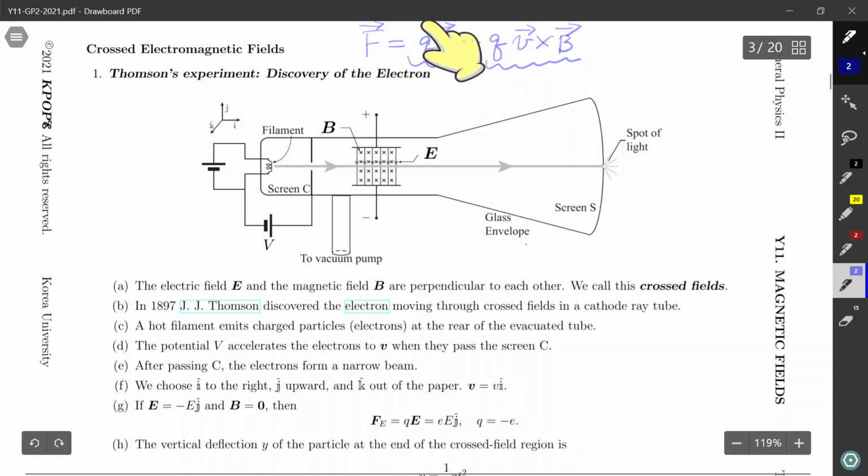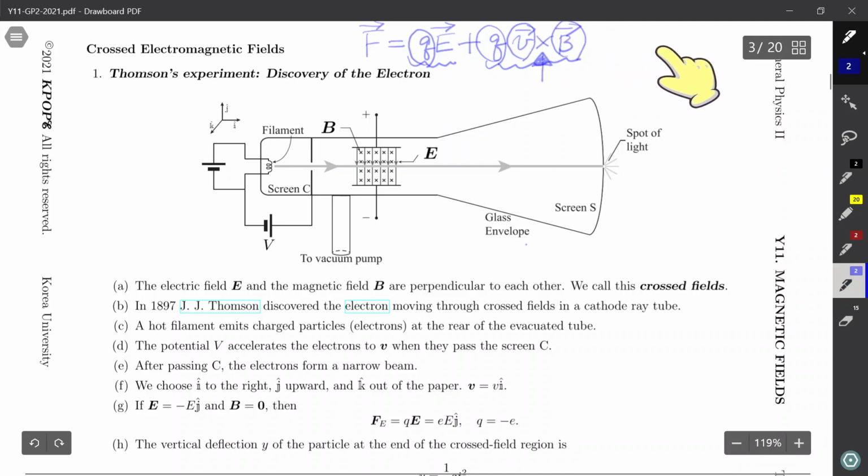The electric force is independent of velocity. It is absolutely determined by the electric field multiplied by the weighting factor, the charge. But the magnetic force is a little bit more complicated. It depends on the velocity as well as the charge and the magnetic field and the direction.